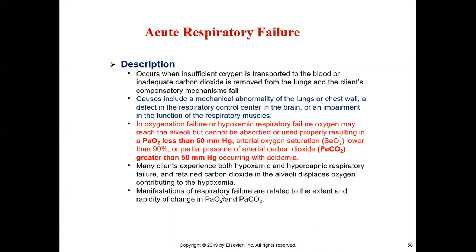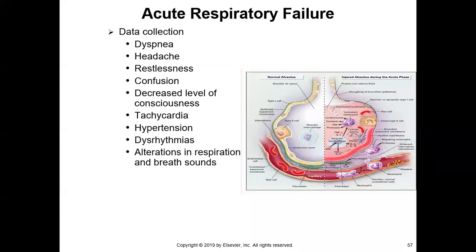Manifestations of respiratory failure are related to the extent and rapidity of change of partial pressure of oxygen and partial pressure of carbon dioxide. If patients have acute respiratory failure, what should be the presentation, or what data collection could we see?